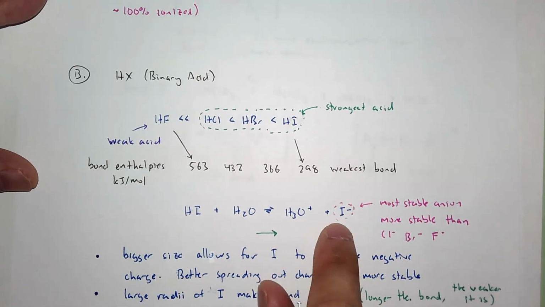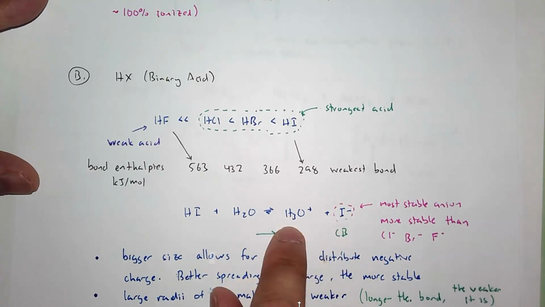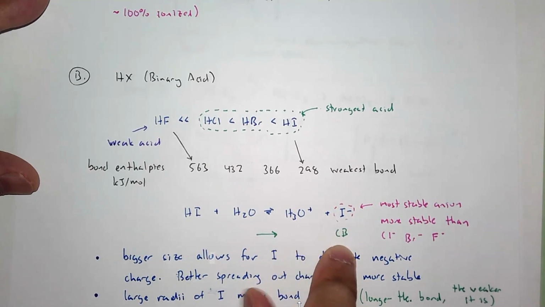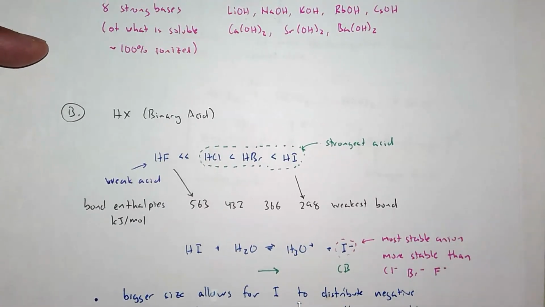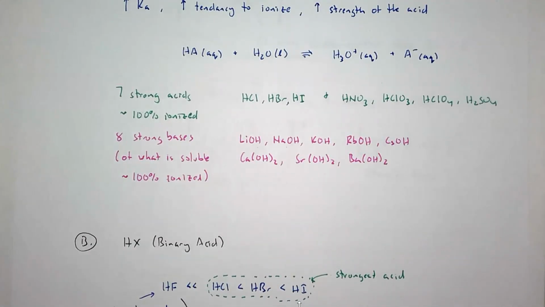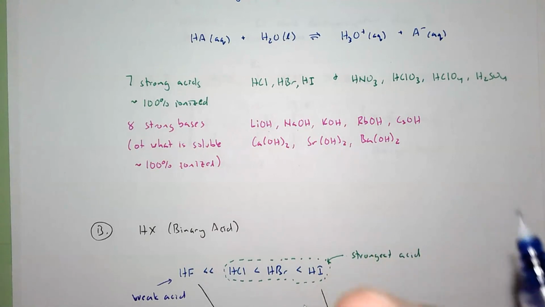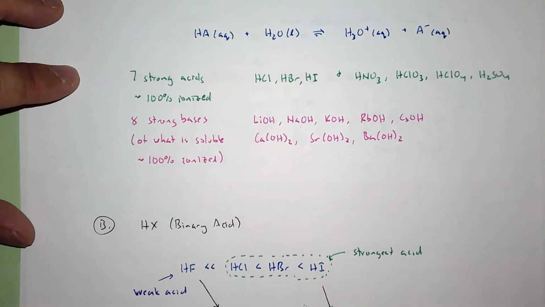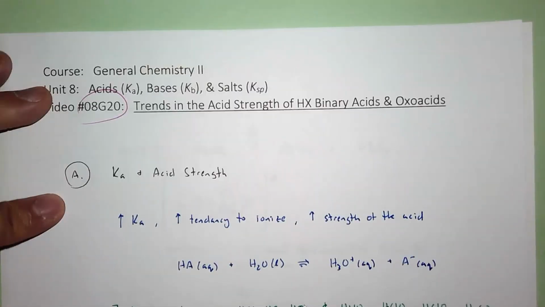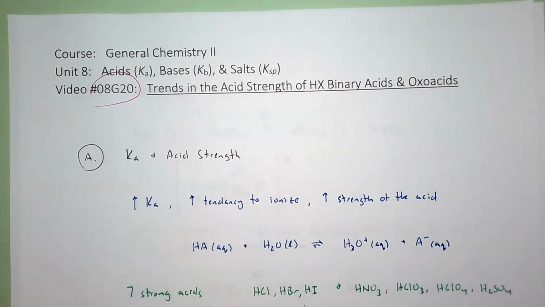Because it's stable, there's very little motivation for it to grab a hydrogen and act like a base. So that's what we're going to talk about in the next video. The more stable a species is, the less reactive it is. And we could start now looking at the strengths of the acids and bases depending on their conjugate's stability. But for this one, just focus on the binary acids and the oxoacids.